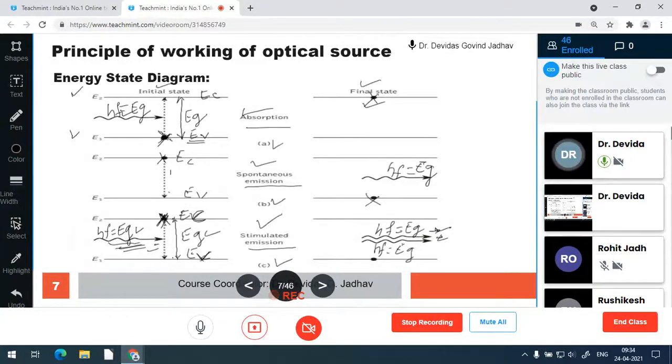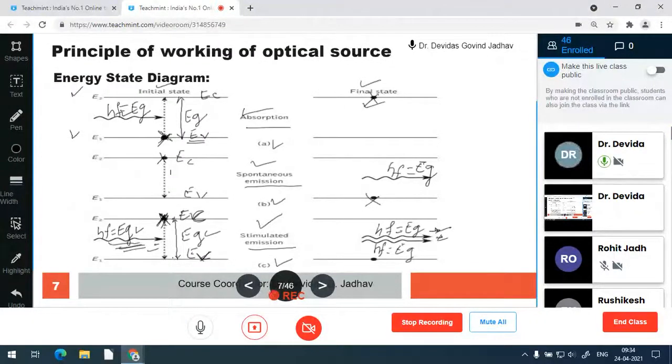In spontaneous emission, there is a charged particle electron in conduction state, and the electron jumps from conduction state to valence state on its own, randomly, without any external effect, without any external interference. As it changes the state, conduction to valence, it has to release an amount of energy equal to Eg.